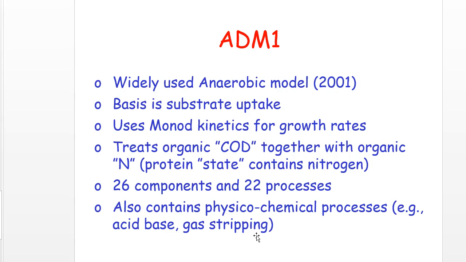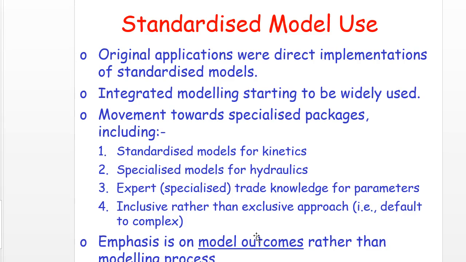So ADM1 is a key model for environmental engineering these days. Whether it's wastewater treatment or making biogas from food or manure, there are so many applications of this model. So then we can say that there are these standardized models.